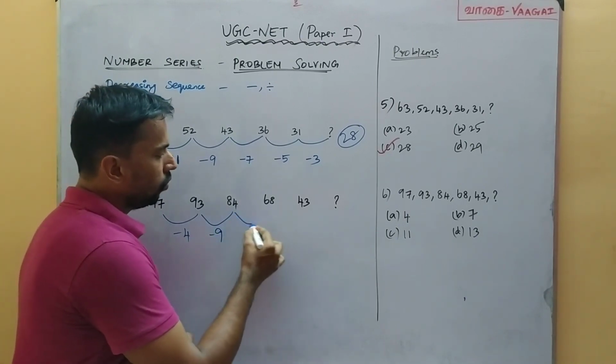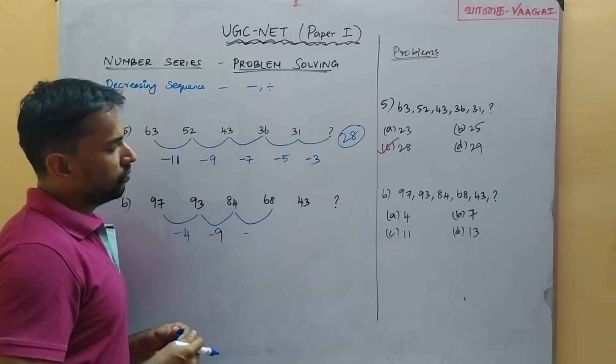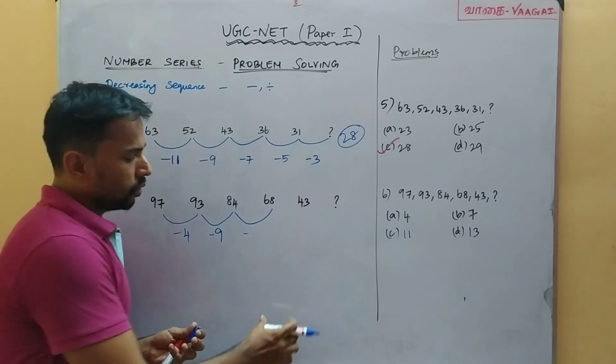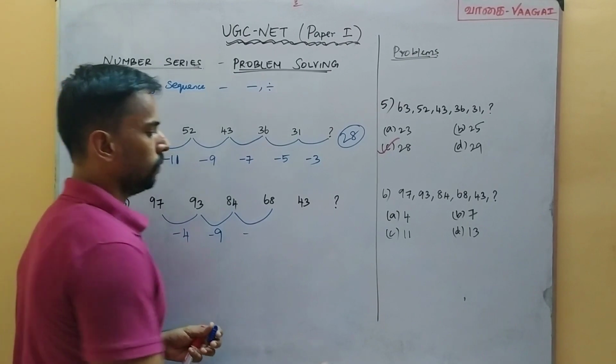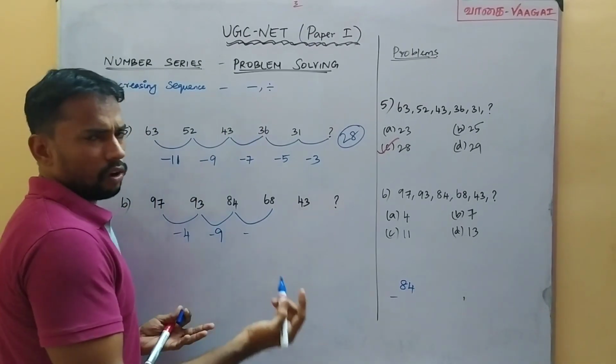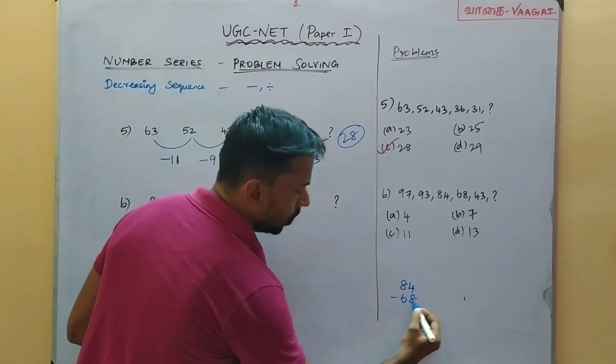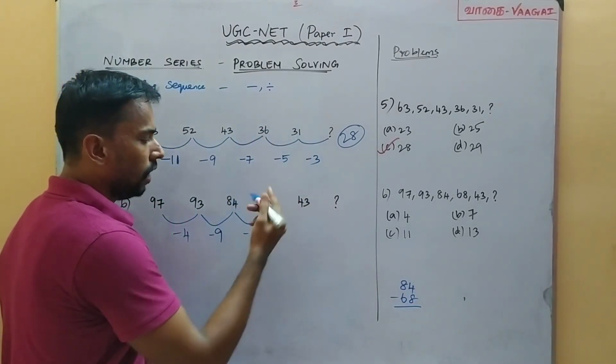Now 84 to 68. How much is getting subtracted here? If you feel it is worrying, you can separately work it out and see. I need to check how much is to be subtracted, so I can do 84 minus 68 itself, and I will get the difference.